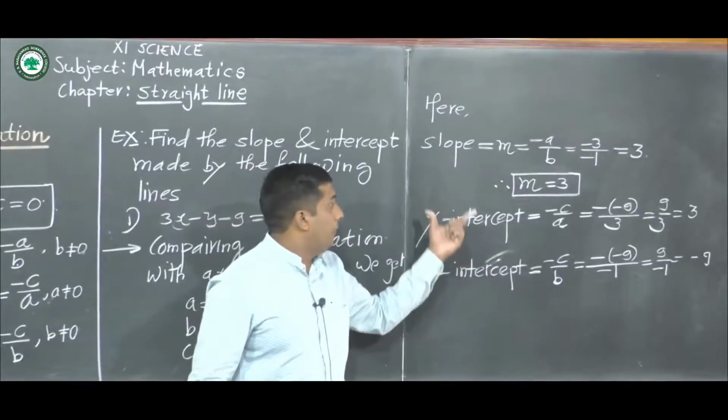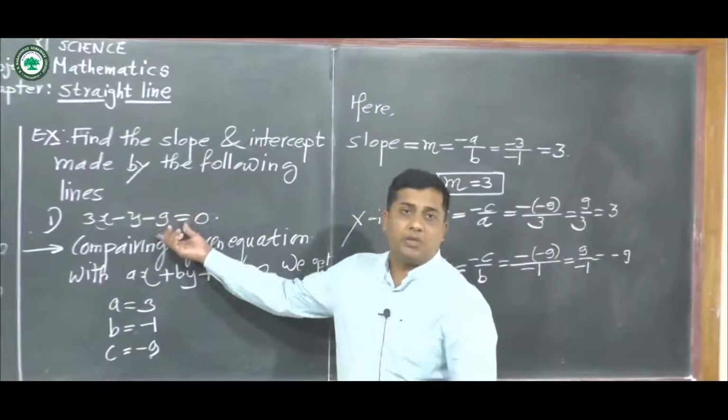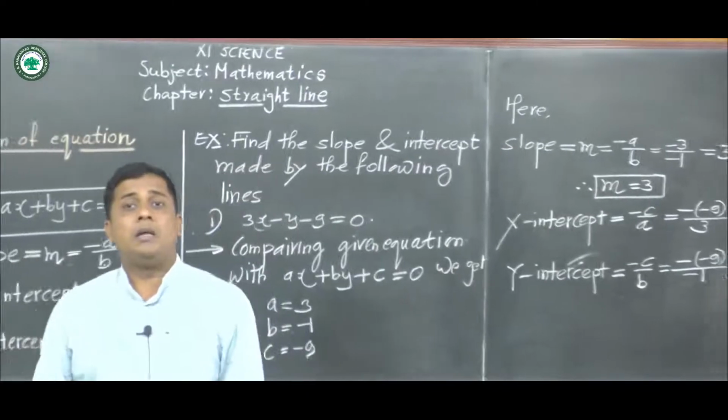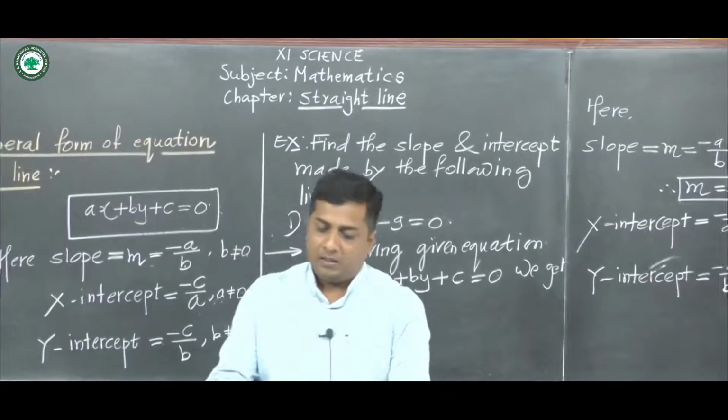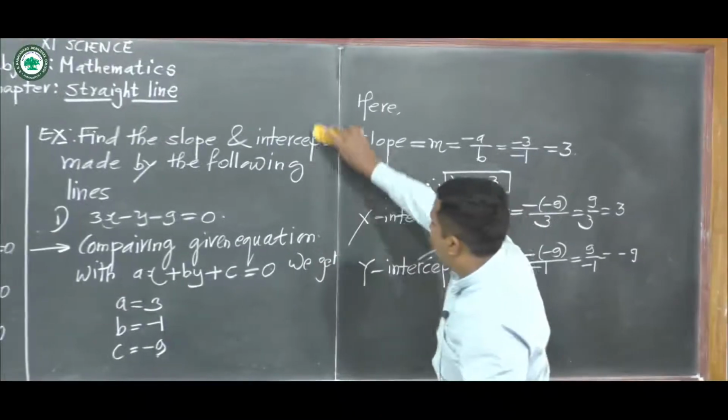So we find the slope, x-intercept and y-intercept of the given equation of line. Again, a very simple and very interesting example it is. Now we go with our next example, another part.